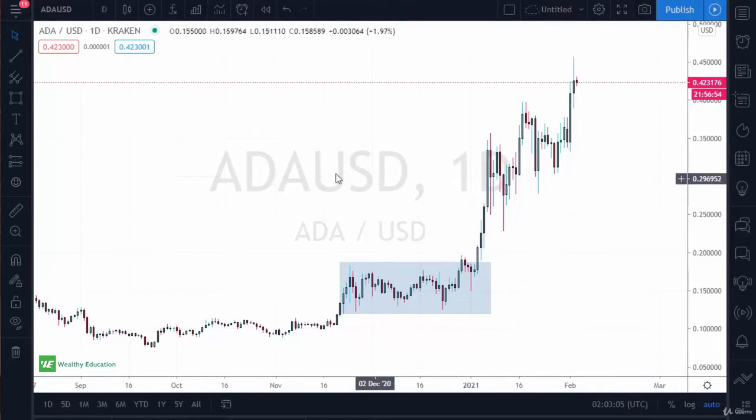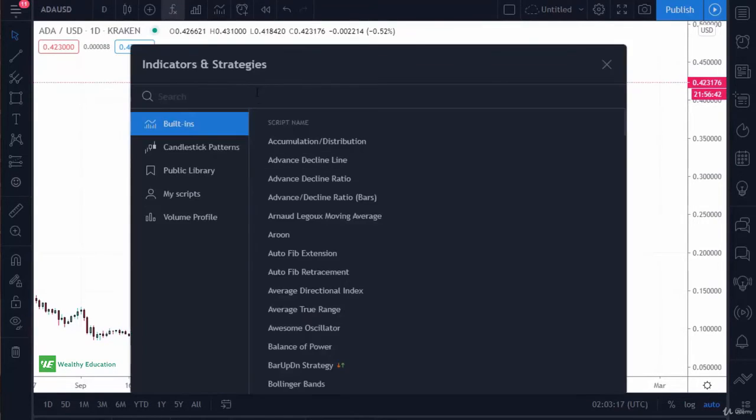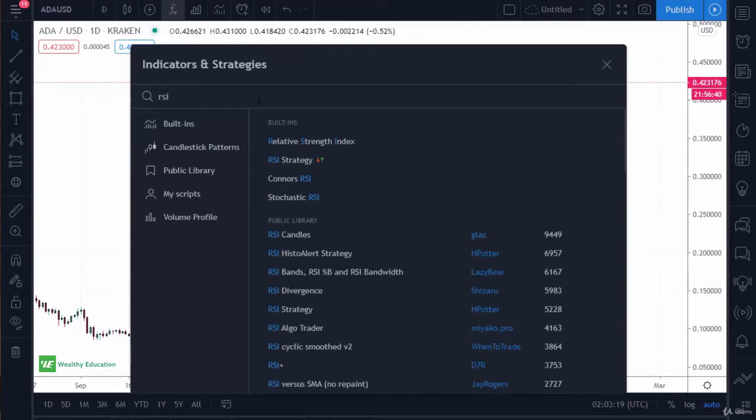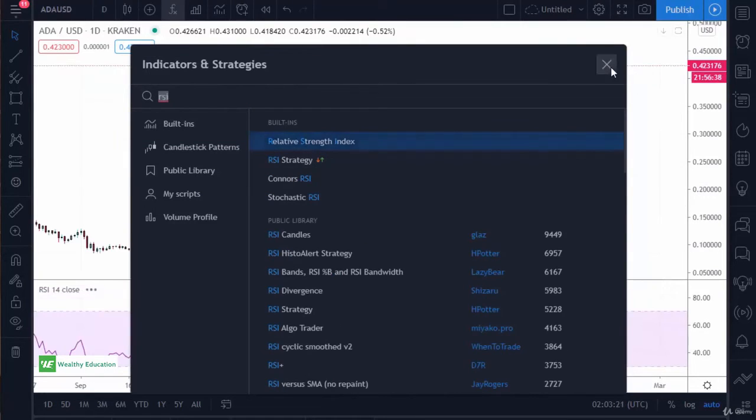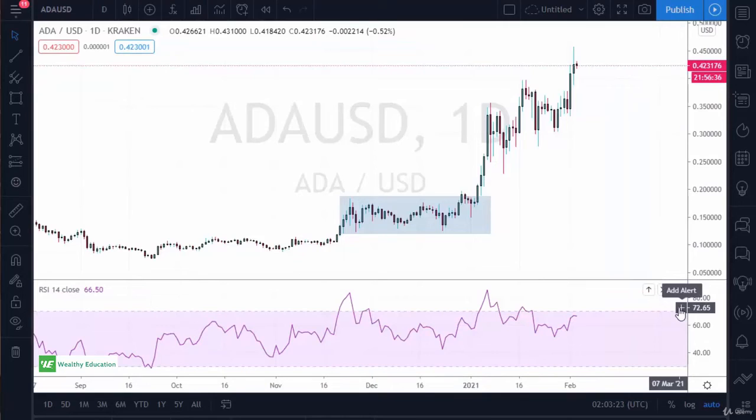So with that, I think what we're looking at here is the possibility that we could take an indicator such as maybe the RSI, put that on the chart, and you can see that we were overbought, so it's not a surprise that we kind of consolidated here.